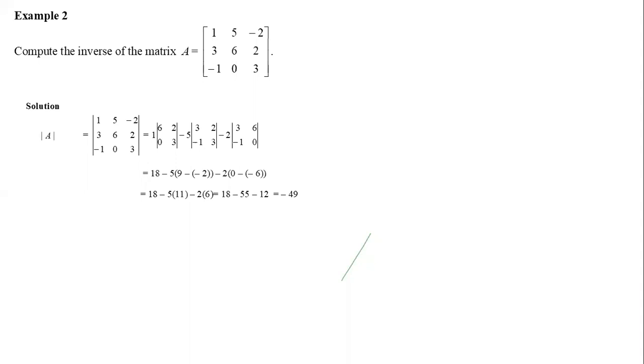Then 18 minus 9 plus 2 times 5 will give me -55. Yes, -55. The next one, -2 0 6. Aisha, you are wrong. The determinant is -49.